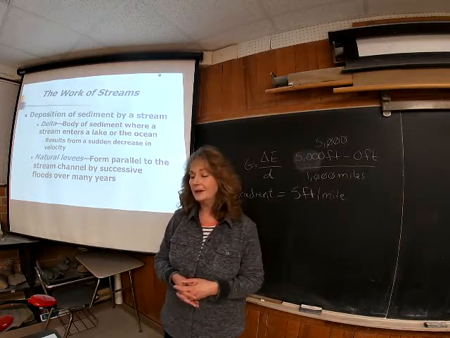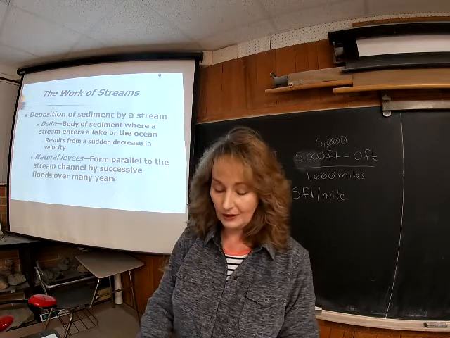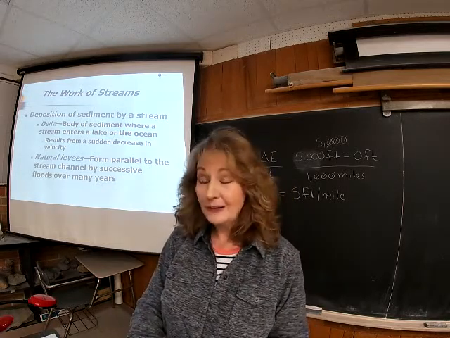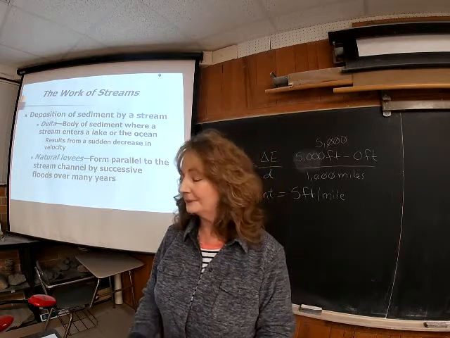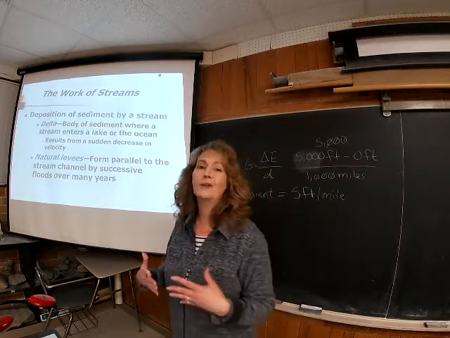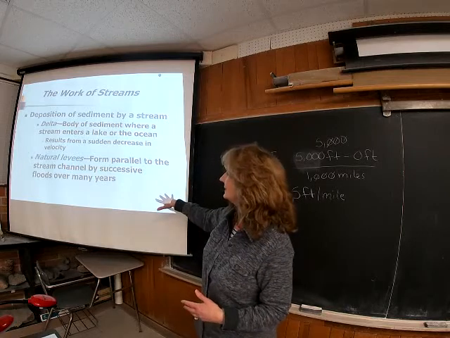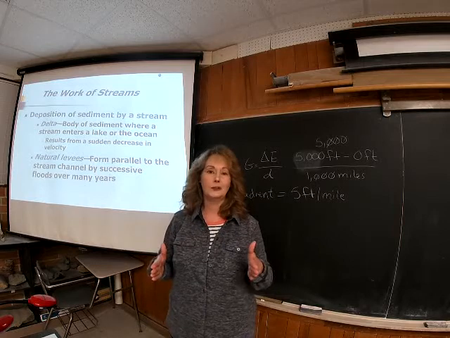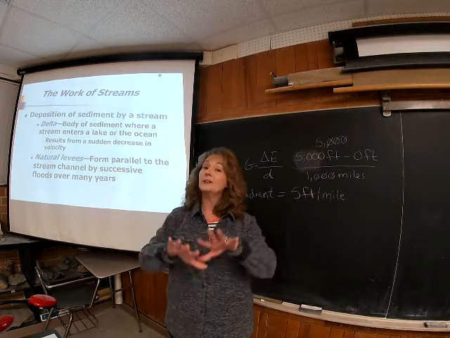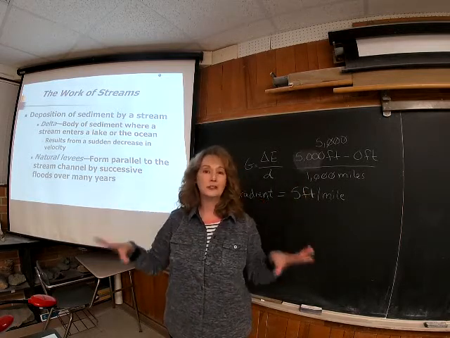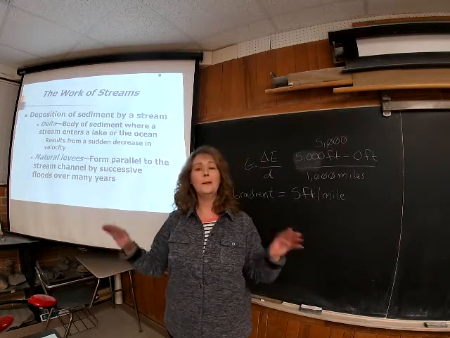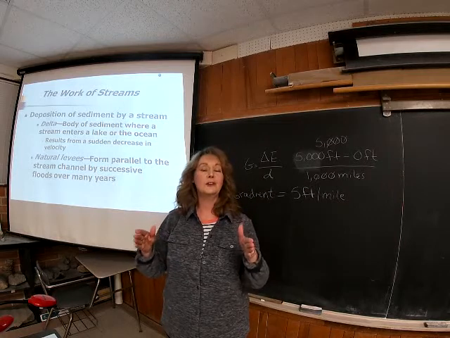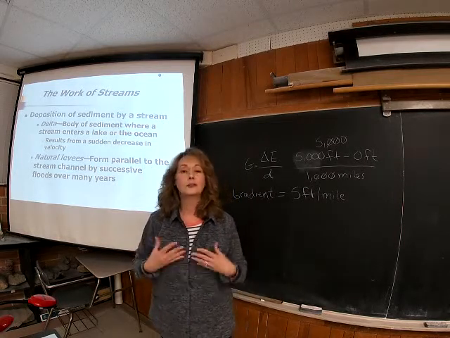Something else that can happen, deposition-wise, is what we call a levee. Natural levees can build up from successive floods over many years, and they form parallel on either side of the stream channel. So as you get a flood, that water is going to go up over the channel sides of your stream, and that will leave a deposition, a little mound of material paralleling your stream.